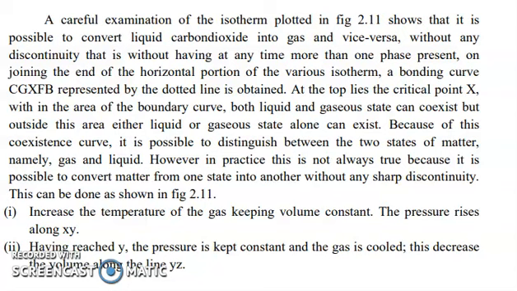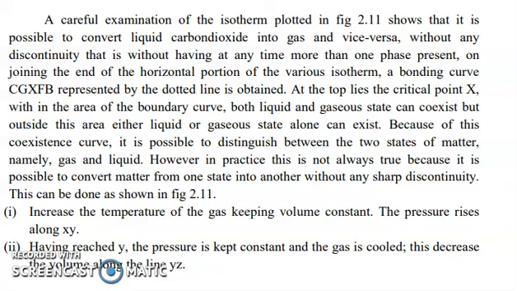At the top lies the critical point X. Within the area of the boundary curve, both liquid and gaseous states can coexist, but outside the area, either liquid or gaseous state alone can exist. Because of this coexistence curve, it is possible to distinguish between the two states of matter, namely gas and liquid.